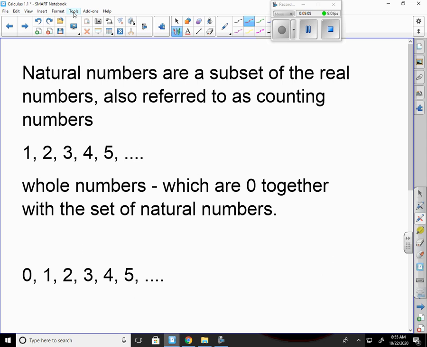You started with 1. So that's why they're referred to as counting numbers. Whole numbers is 0 together with the set of natural numbers. So we have the set of natural numbers, which is 1, 2, 3, 4, 5, going on forever. The whole numbers, we're just adding 0 to that.